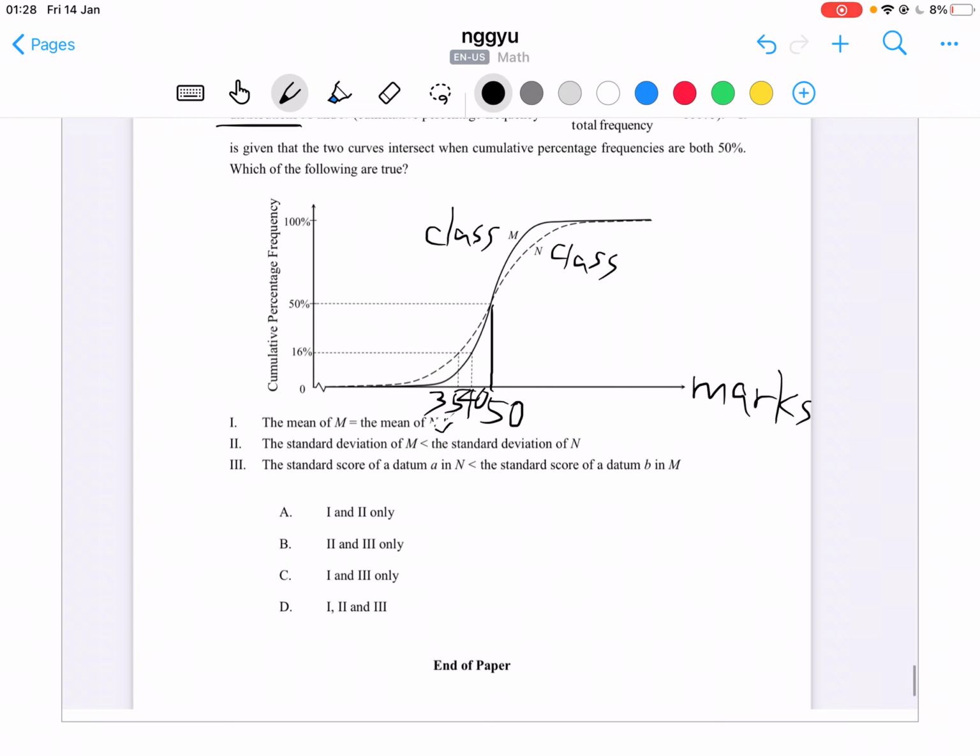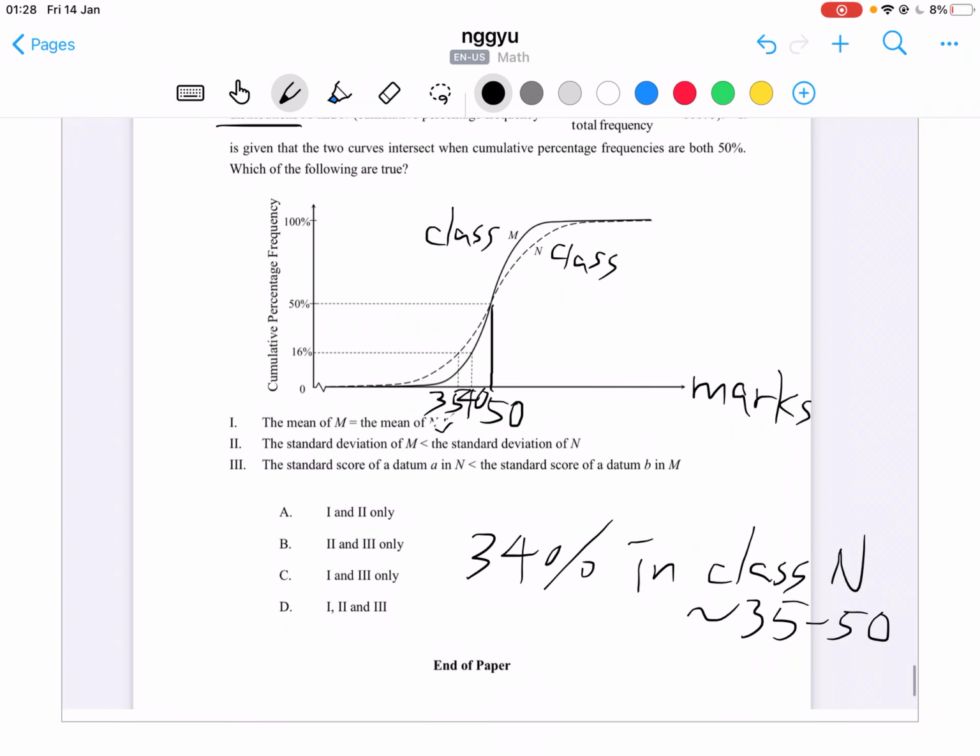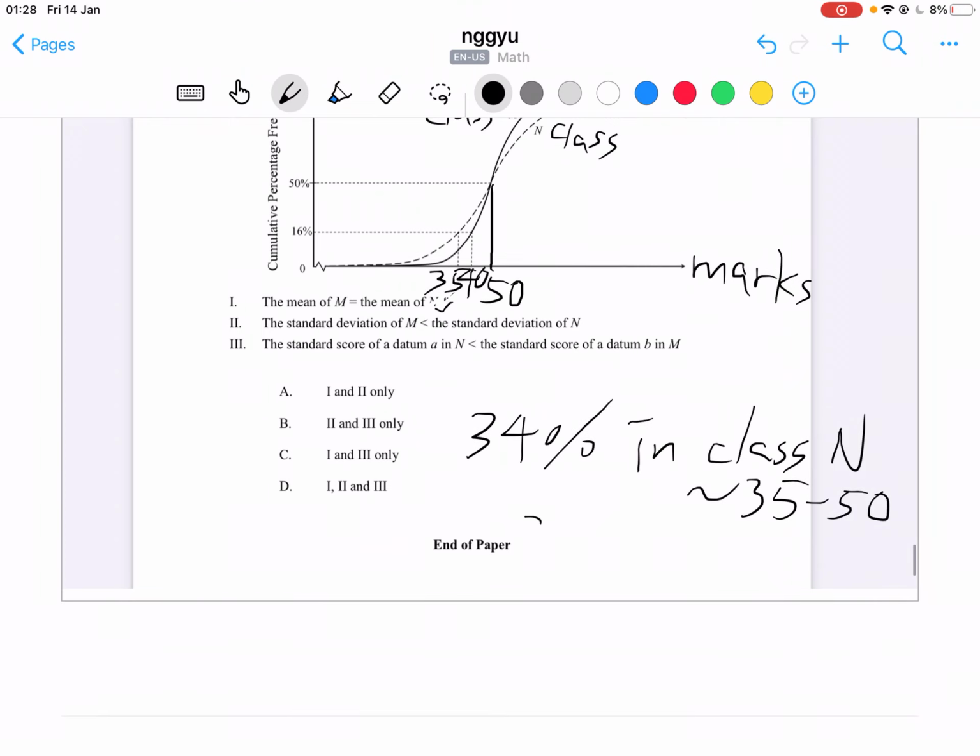So around 34% of people in class N scored around 35 to 50, and around 34%, the same percentage of people in class M, scored around 40 to 50.